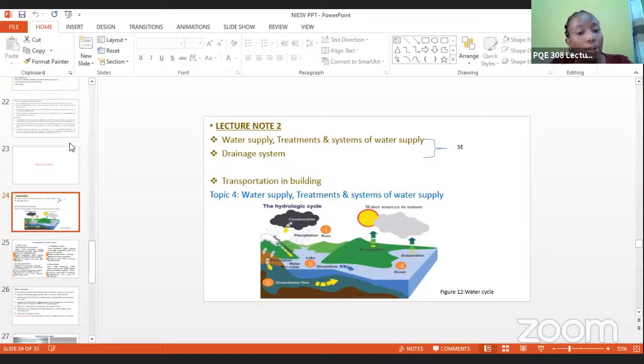Now, water supply. I'm very, very sure we are all conversant with the water cycle. This is something we are all conversant with. So it's a revision class. You can see the figure 2 of the water cycle, condensation, that is conversion of the vapor.